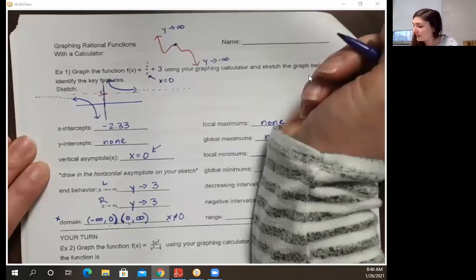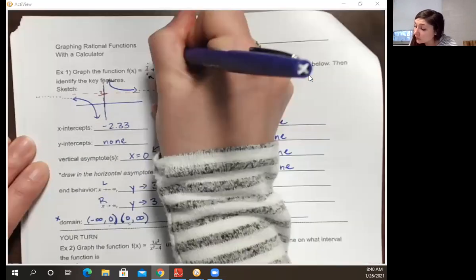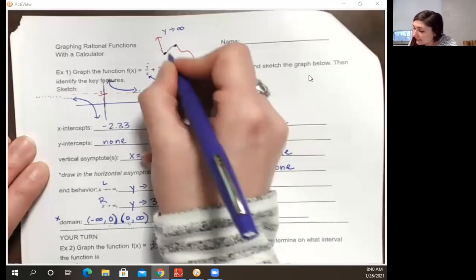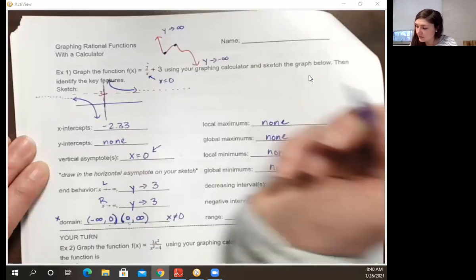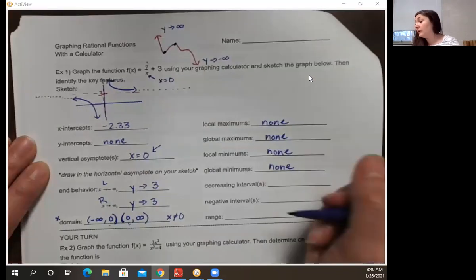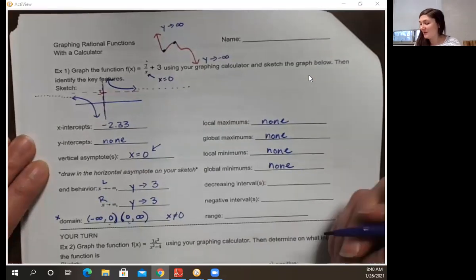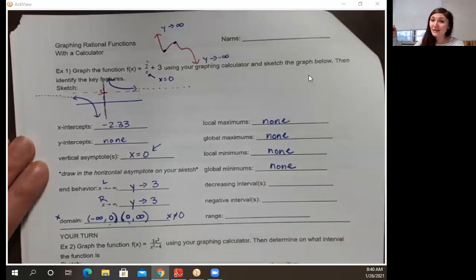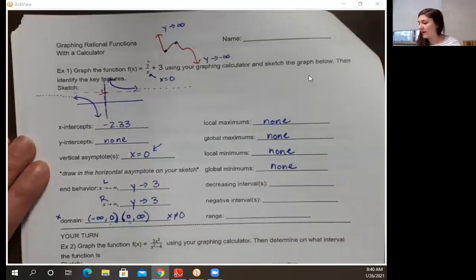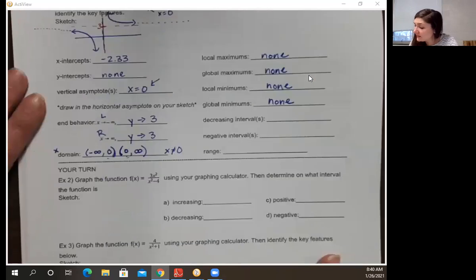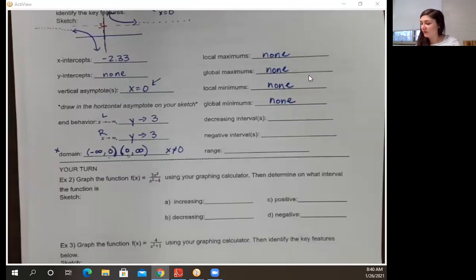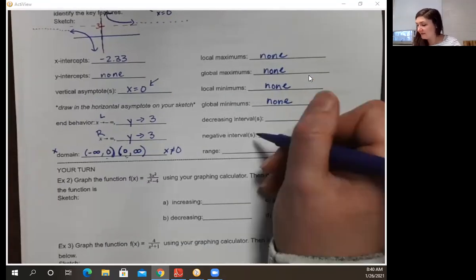This would be a local maximum. This guy right here would be a local minimum. It's a valley, but it's not the lowest spot on my entire graph. Global minimums and maximums would be the absolute highest point on the graph or the absolute lowest point on my graph. Now let's talk about increasing and decreasing intervals and negative and positive intervals.